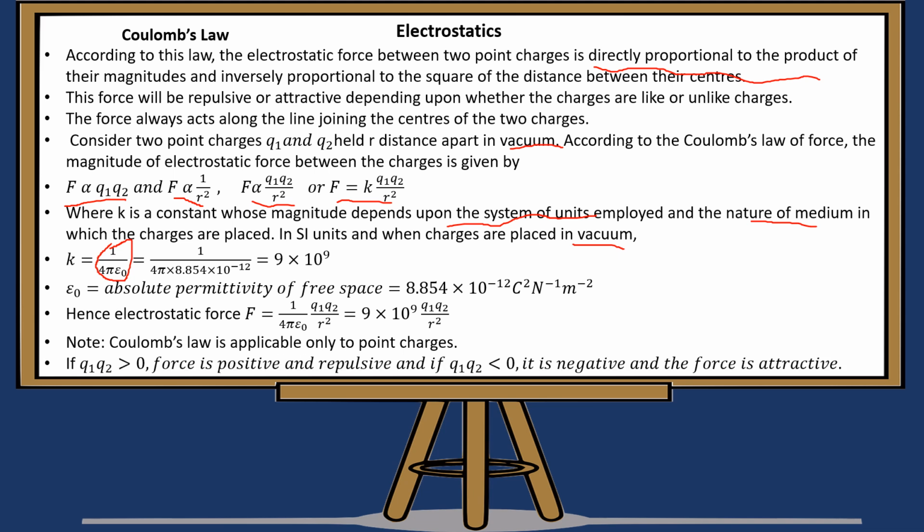If the product Q1 Q2 is greater than 0, the force is positive and repulsive, and if Q1 Q2 is less than 0, the product is negative and the force is attractive. I'll repeat: if the product Q1 Q2 is greater than 0, the force is repulsive. If the product Q1 Q2 is less than 0, the force is attractive.